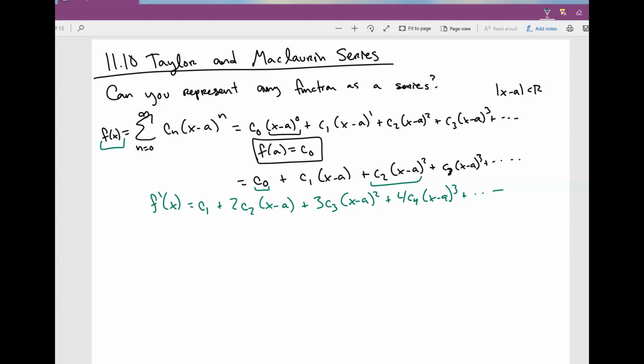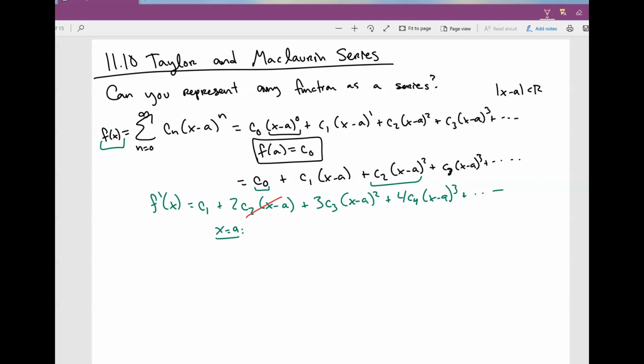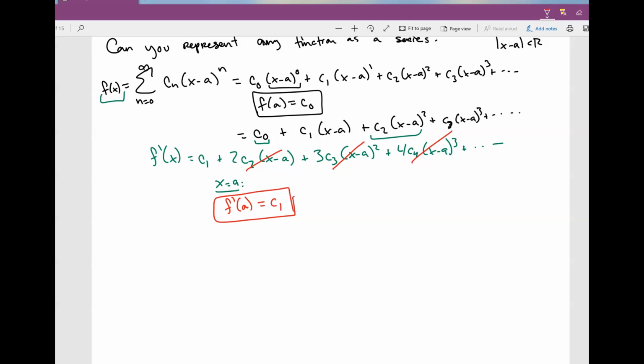Okay, so I'm going to plug in x equals a. If I plug in x equals a, this guy's going to go away, this guy's going to go away, and so on and so forth. So that means that when I plug in a into the derivative, I'm going to get c1. Interesting. So I got c0 by plugging a into the function. I got c1 by plugging a into the first derivative.